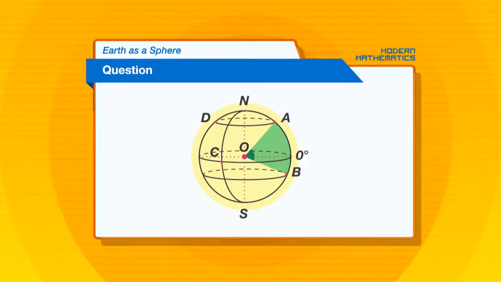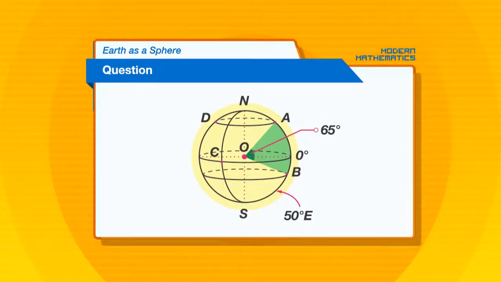For point A, you can see that point A is at the angle of elevation of 65 degrees from the equator. Therefore, its latitude will be 65 degrees north, and as the diagram shows, it is sitting on the longitude of 50 degrees east. Thus, the position of A is 65 degrees north and 50 degrees east.